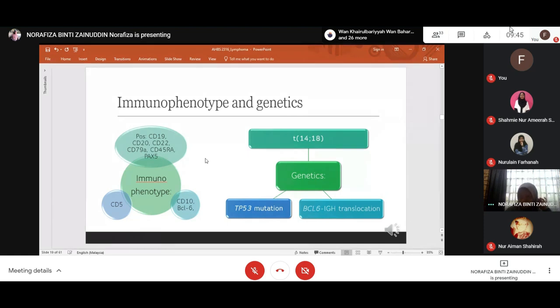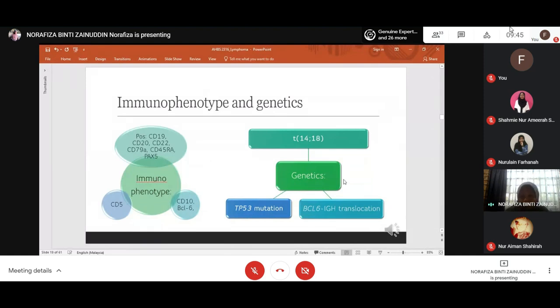CLL or SLL can transform to the LBCL if they have CD5. If you see CD5 as immunophenotype in the LBCL subtype, usually the hematologist will suspect that it is transformed from a more indolent form of non-Hodgkin lymphoma.